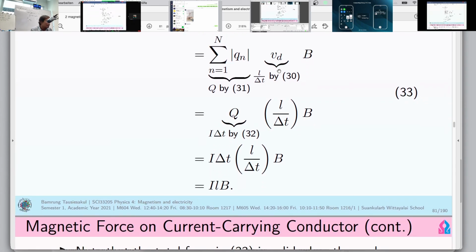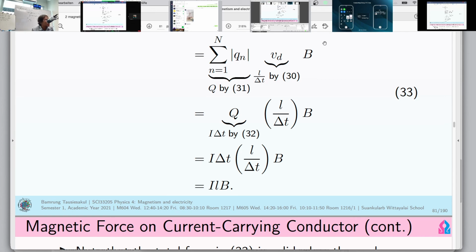Okay, the first variable is absolute Qn. Of course, this is the expression of summation, right? But the last two variables, Vd and B, don't depend on small n at all. You can see that Vd doesn't depend on n.